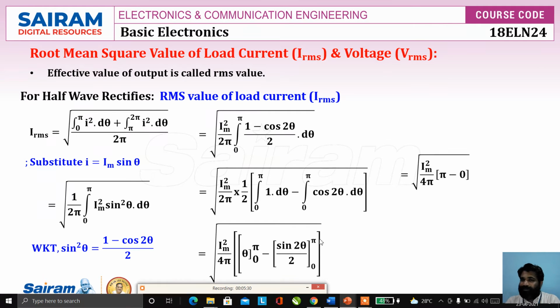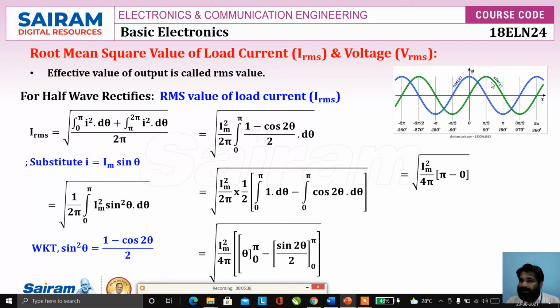Apply the limits. It becomes pi minus 0. For the upper limit, if I apply pi, it becomes sin 2 pi, and sin 2 pi value is 0. The lower limit is sin 0, which is also 0.